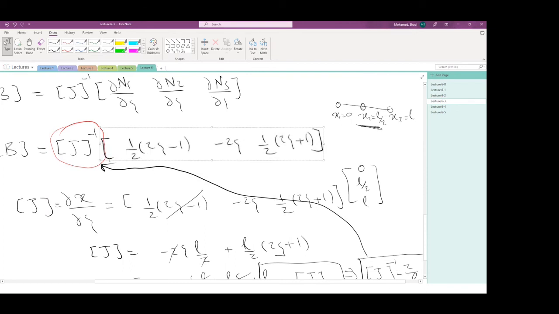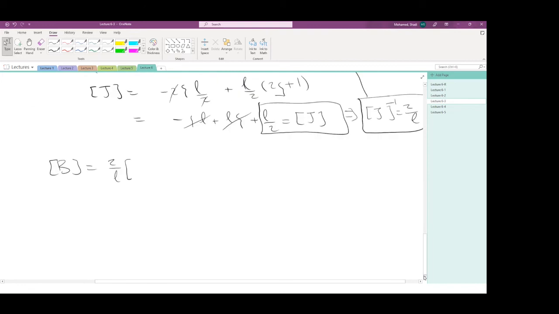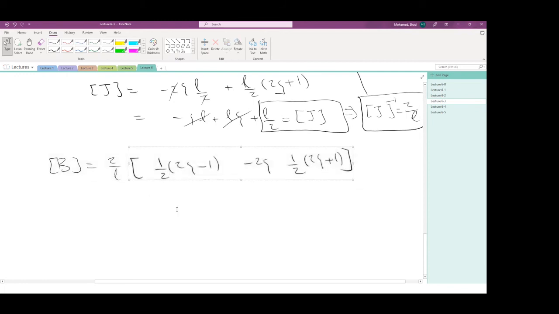I'll just copy them and put them here. Okay, so I've got the B matrix as well.